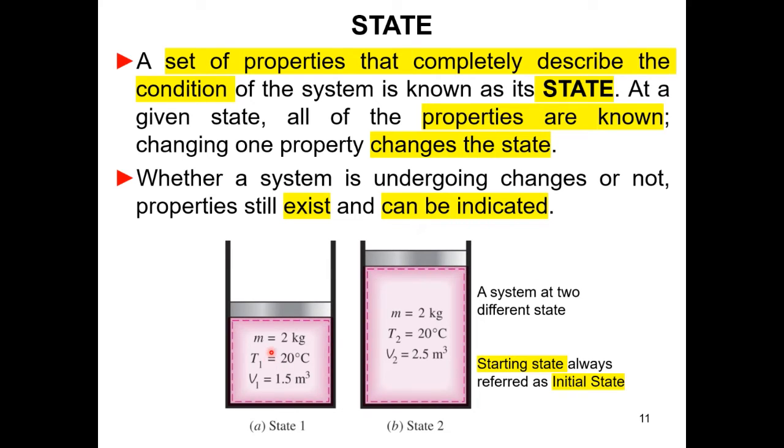Here mass is the same, temperature is also the same, but the volume changes. So the system moves from state 1 to state 2. A system can have more than one state, it can have 5 or 6 states, depending on the system.